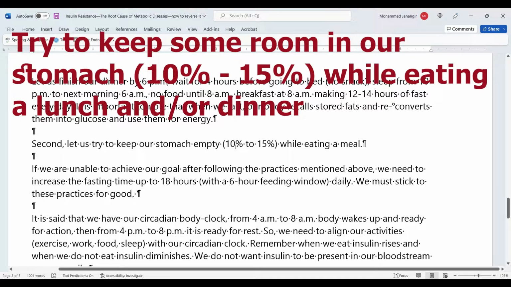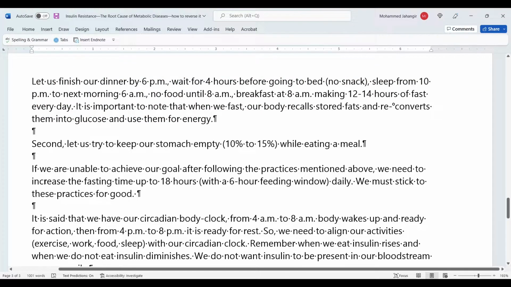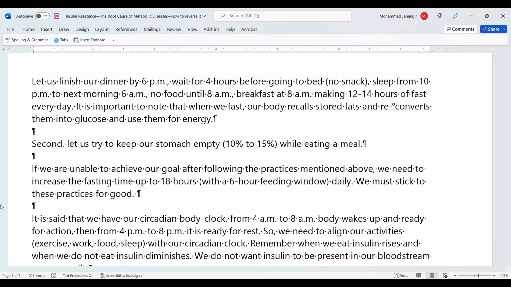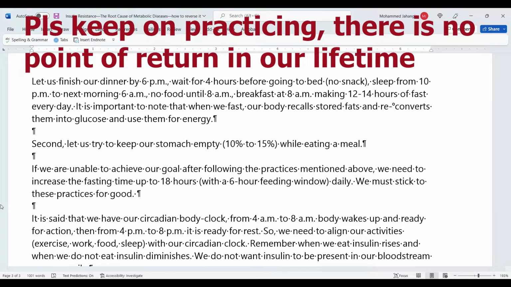It should be between 10% and 15%. If we are unable to achieve our goal after following the practices mentioned above, we need to increase the fasting time to 18 hours with a 6-hour feeding window daily. We must stick to these practices for good.